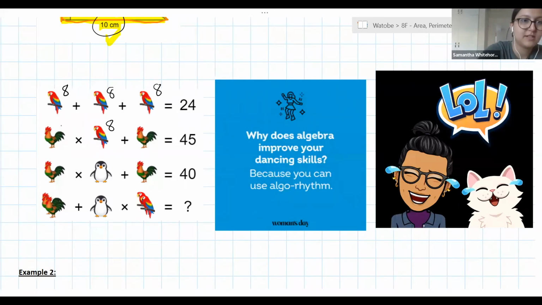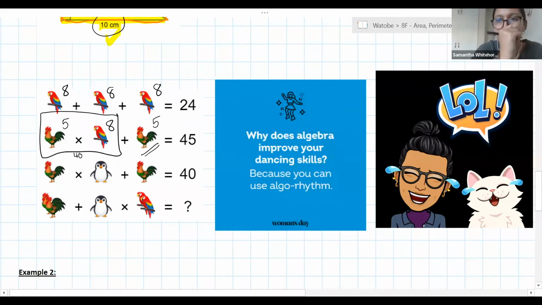That determines that the other rooster gives me 5. Excellent. Well done. So guys, just to recap that, multiplication has to come first. So 8 times 5 gives me 40. And then if I add the rooster again, by adding 5, I'm getting 45, as Bontle said. Awesome. Well done. Keep going.